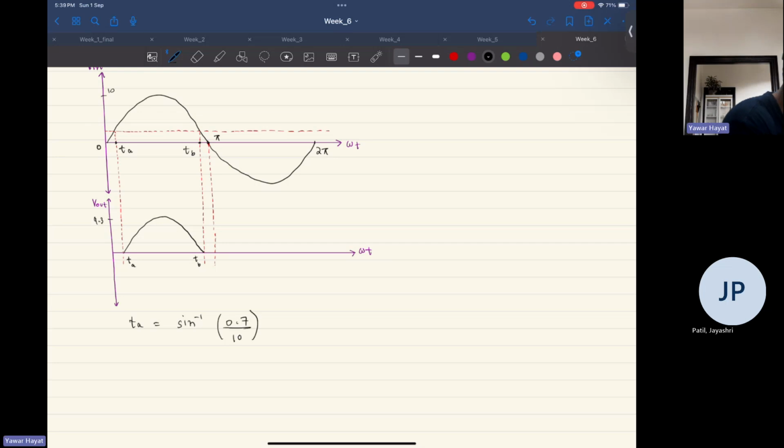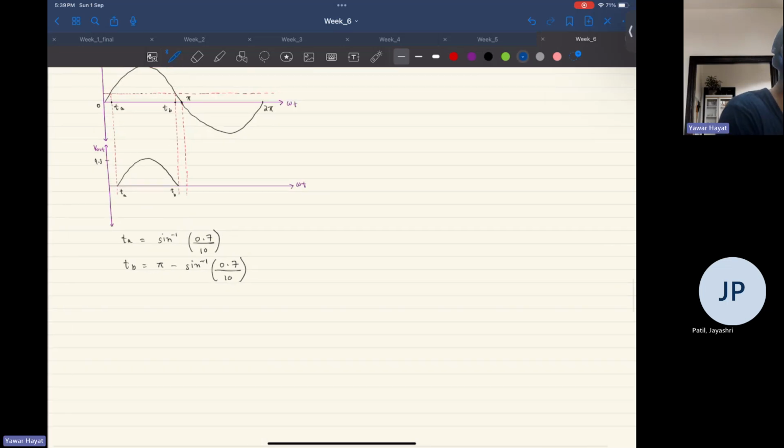Straightforward. And what about this TB? TB should be pi minus sine inverse of 0.7 by 10. Done. This much is done now.